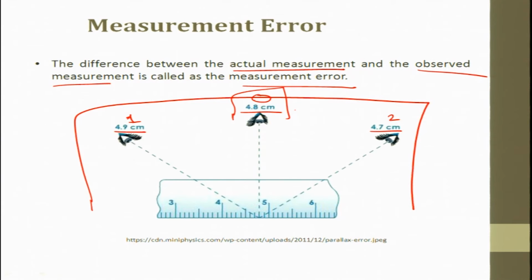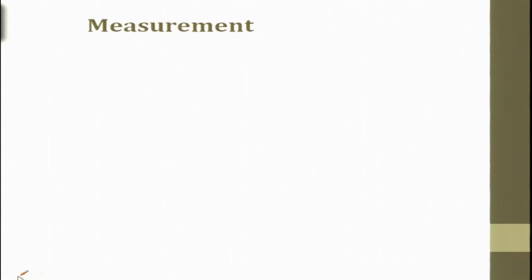So, trying to explain the measurement further, I can classify measurement. Measurement can be classified based upon the trait of accuracy, measurement of equal accuracy or measurement of unequal accuracy.